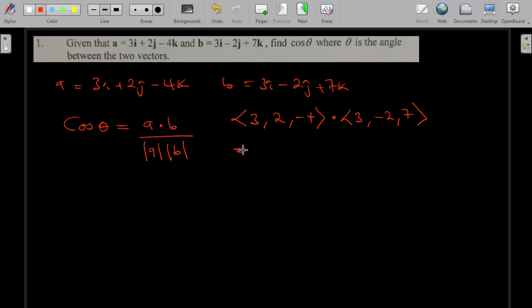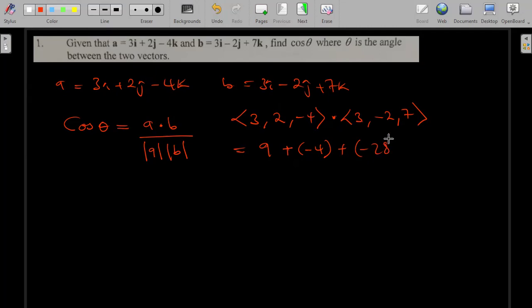So 3 multiplied by 3 gives us 9. Then plus 2 multiplied by -2 gives us -4. Then plus -4 multiplied by 7 gives us -28.